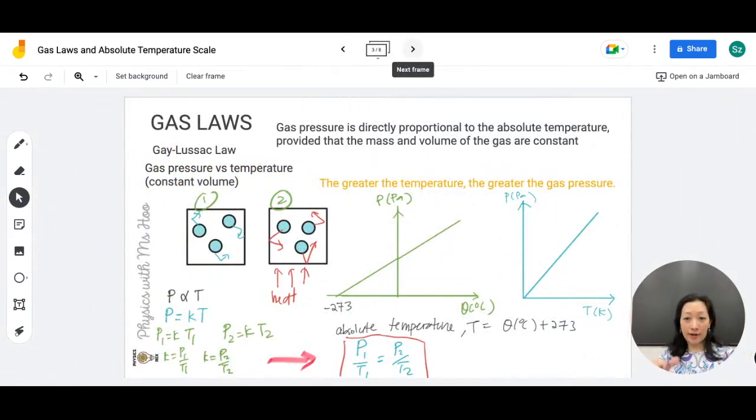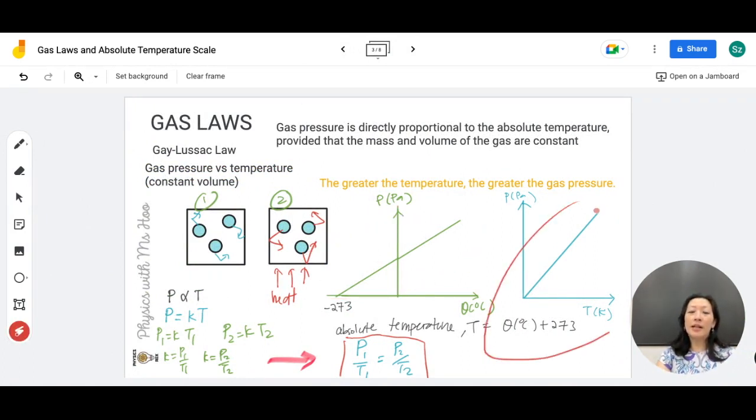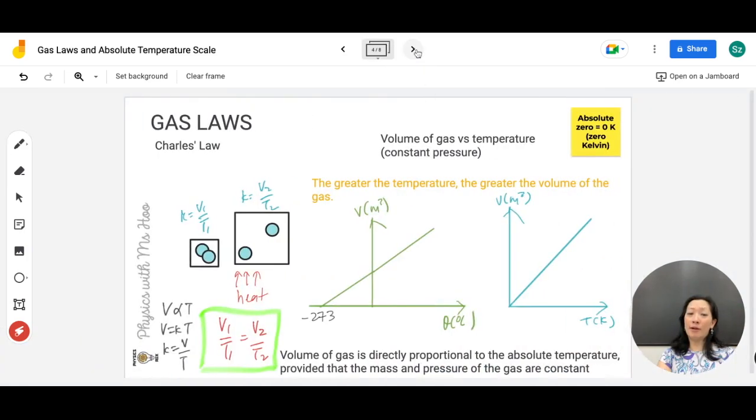It was created to enable the calculations to be more accurate. By shifting the graph forward so that we can start from the origin, you're able to get a more accurate relationship. That is why Kelvin is the SI unit for temperature.